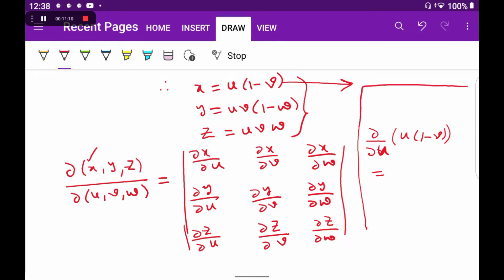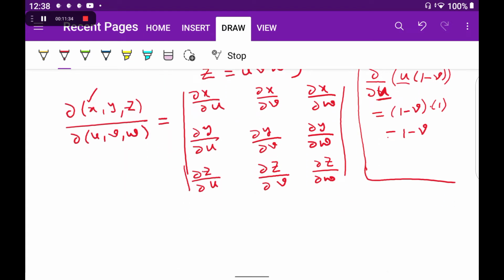Dou x by dou u is dou by dou u of x, which is u into 1 minus v. Now we are differentiating with respect to u, so 1 minus v is treated as constant. Dou u by dou u is 1. So it is 1 minus v.